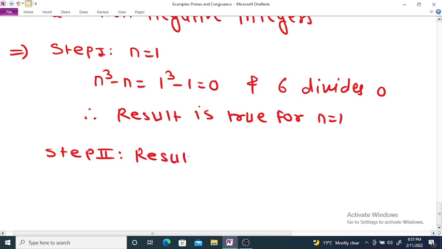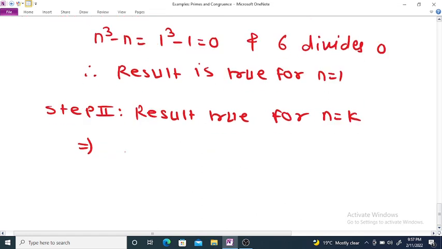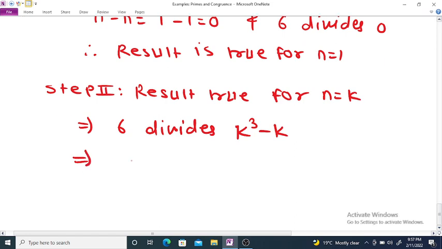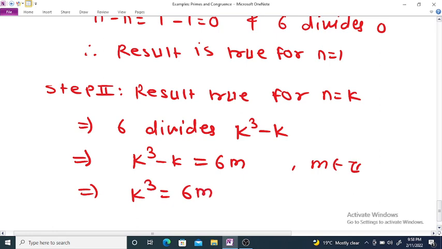Result true for n is equal to k implies we assume 6 divides k cube minus k, that is, k cube minus k is a multiple of 6, that is k cube minus k is equal to 6m for some integer m. From this we can write k cube is equal to 6m plus k.